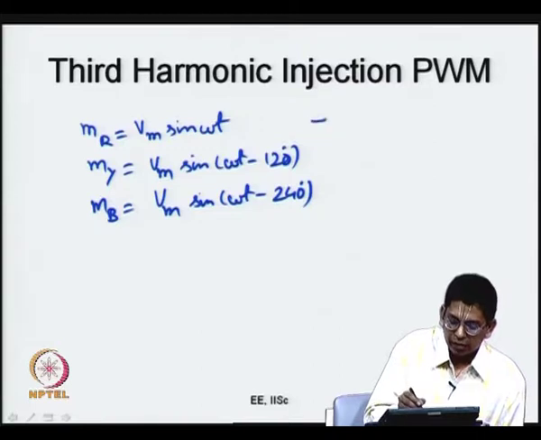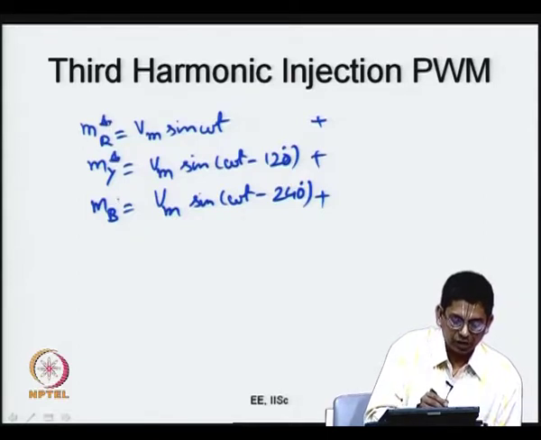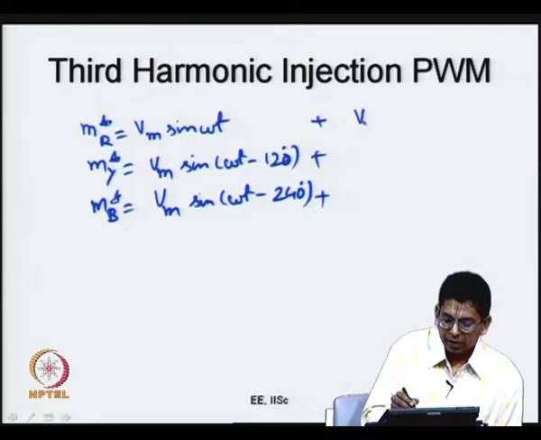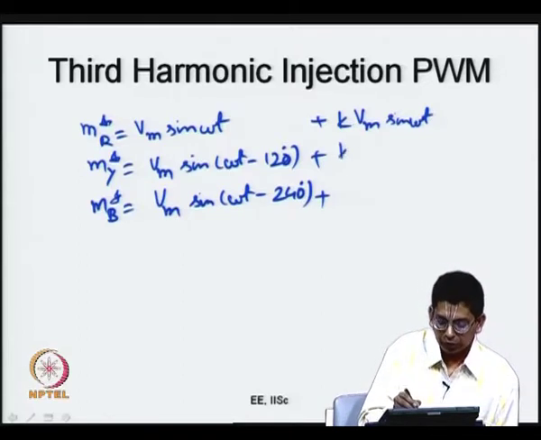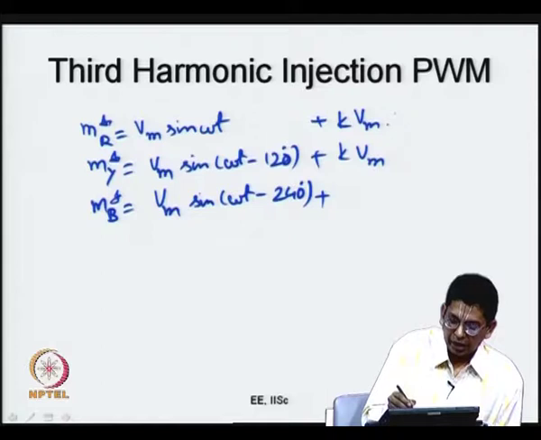You add certain common mode component to all the three and call that Mr star, My star, and Mb star. What is the common mode component? You take it as a fraction of Vm, this is k times Vm sin of 3 omega t.